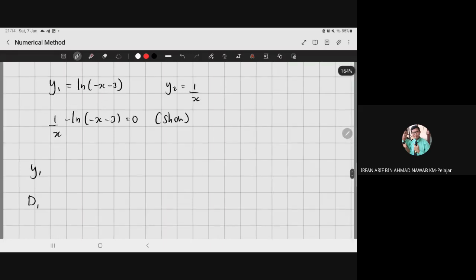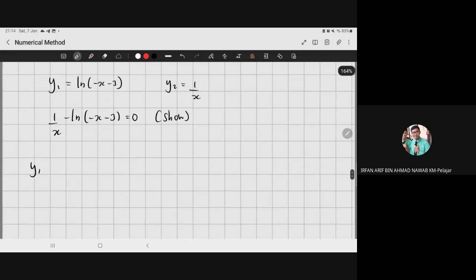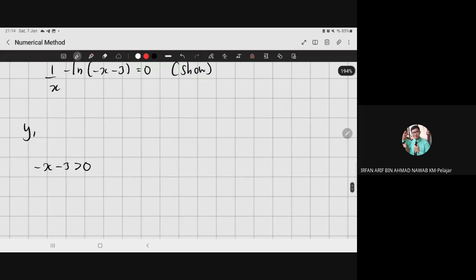So if I write my domain here, negative x minus 3 is larger than 0. Solve this inequality and you get x is less than negative 3. So this is our domain. I would like to write it in interval form, remember from your previous semester. I write D, y1, where D stands for domain, just a letter to indicate that I am writing down the domain.